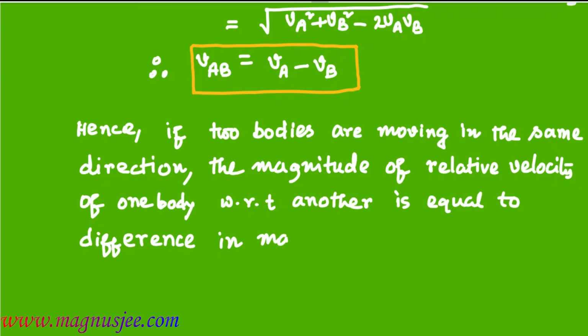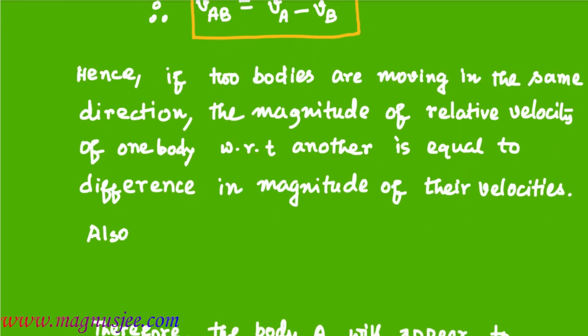Difference in velocities of the two bodies, or difference in magnitude of two velocities. If two bodies are moving in the same direction, the magnitude of relative velocity of one body with respect to another is equal to the difference in magnitude.